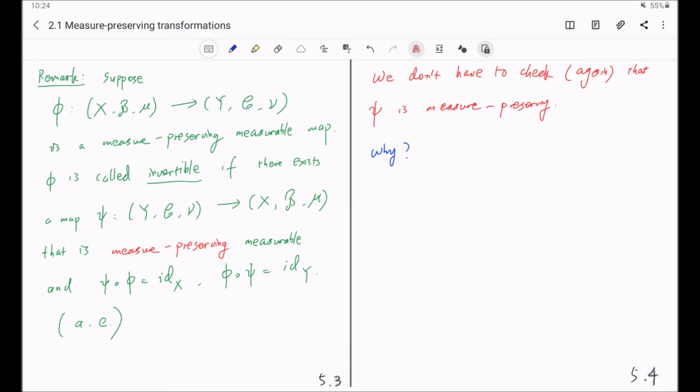Because once we have that phi is measure preserving, remember by definition that means mu of phi inverse of C is equal to mu of C for every C in the sigma algebra C.